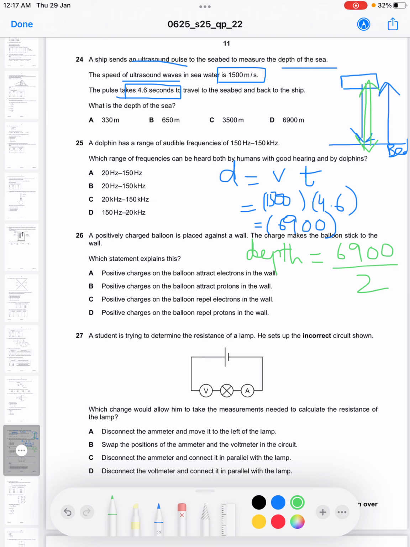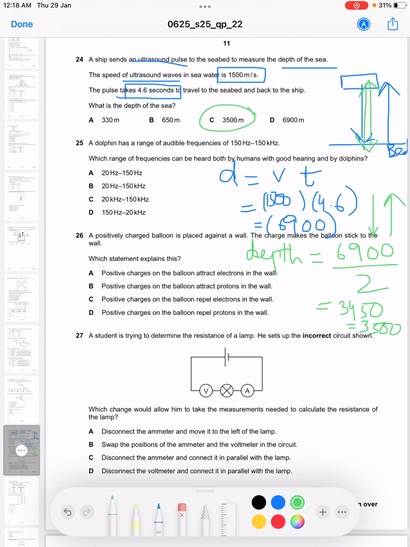You guys understand why we are dividing it by 2? Because the pulse travels to the seabed and moves back to the ship, so it is a double distance. That's why we need to halve it for finding the single distance. It will give you the answer 3450, approximately equal to 3500 meters. Option C.